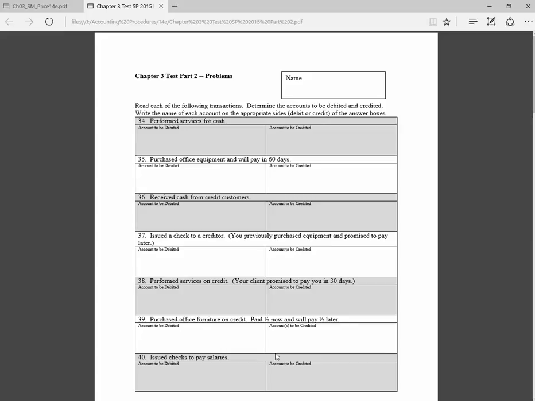On chapter 4 we're going to do a whole month of transactions, and we are going to post them into their appropriate accounts. So we're going to do something new next chapter called posting. But then in the end you make the same statements. You make the trial balance, income statement, statement of owner's equity, and the balance sheet in the same order as you have learned so far. So that never changes as we go forward.